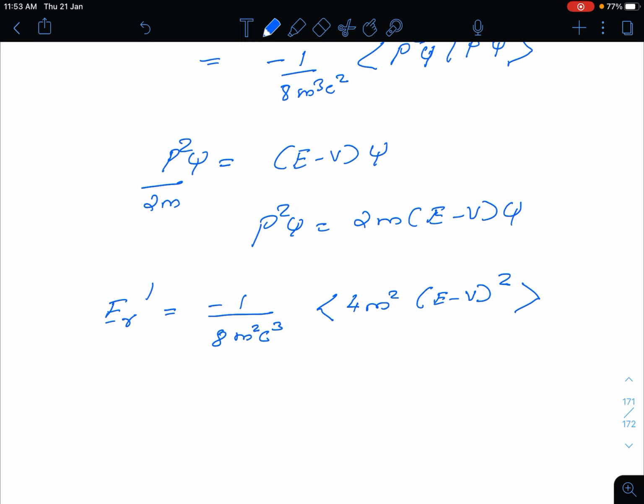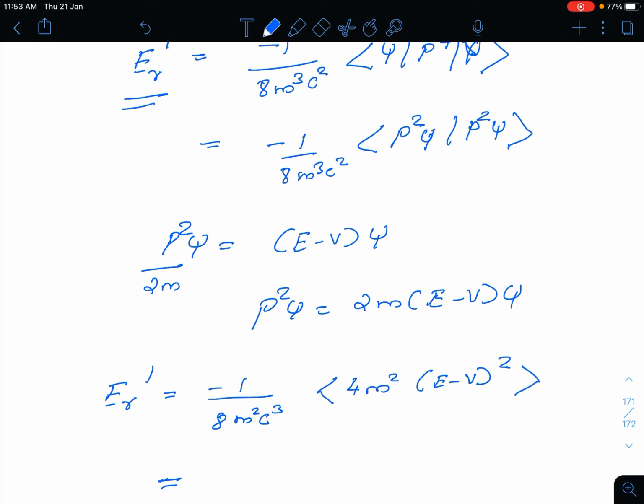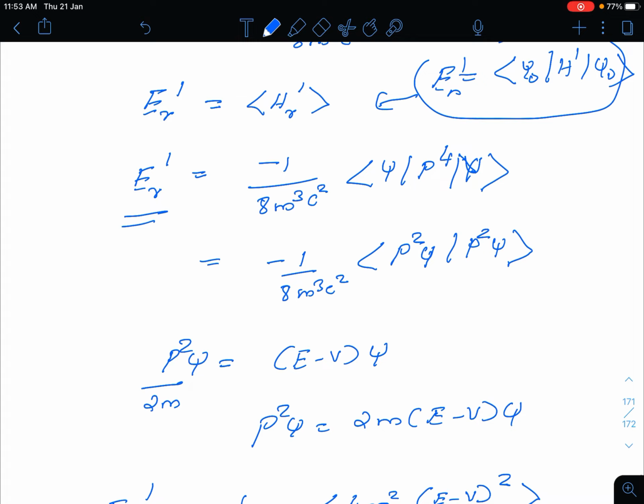That's correct? Good. So this 4m square and 8m square get cancelled. So is there any other term that we have to consider? No.